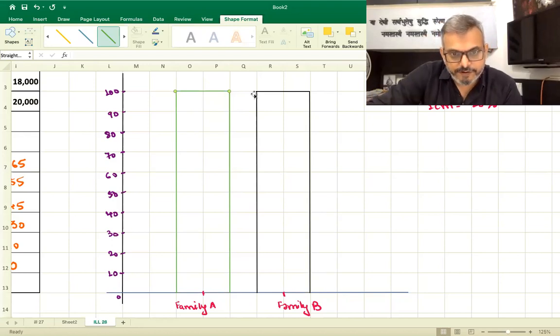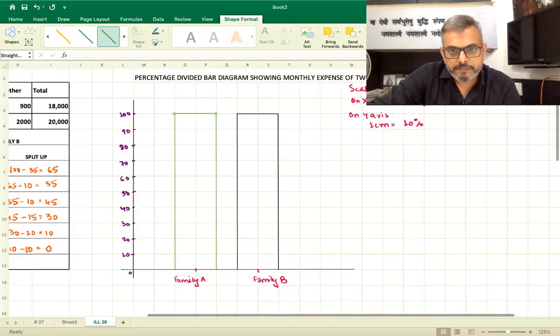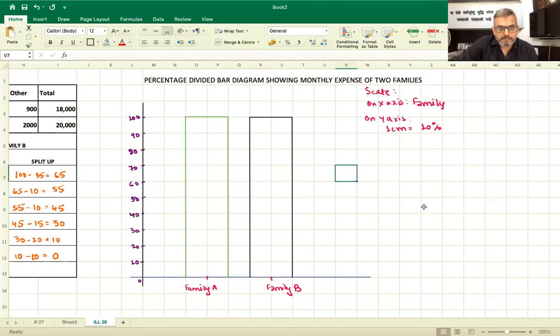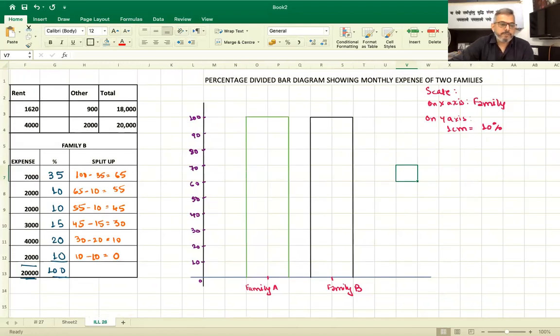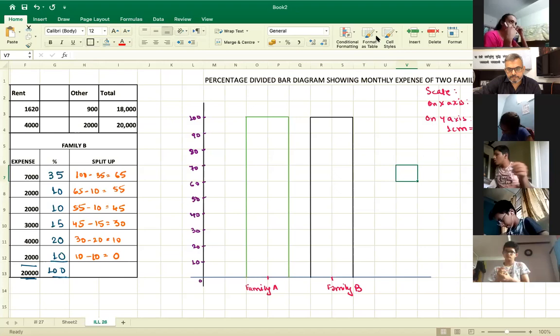Just do this, then I'll proceed with plotting. हो गया सबका? Should I proceed? Yes sir, proceed.